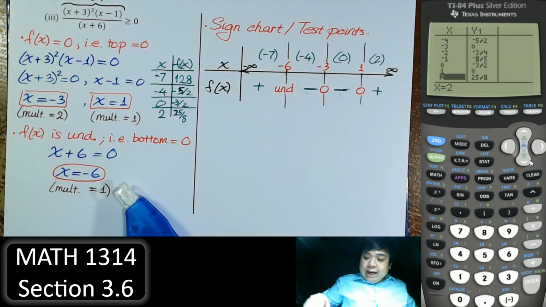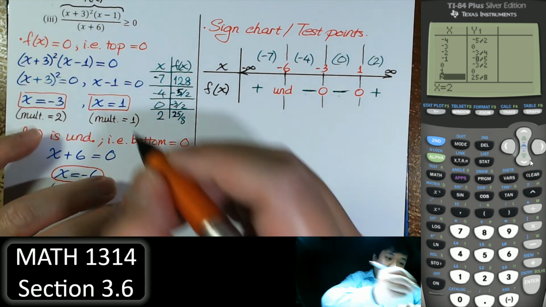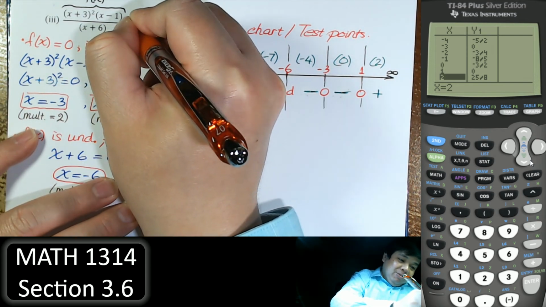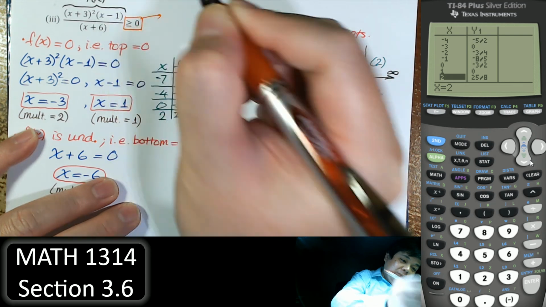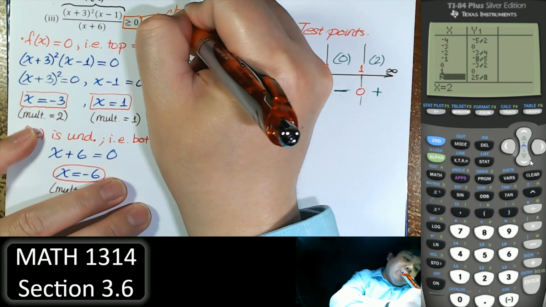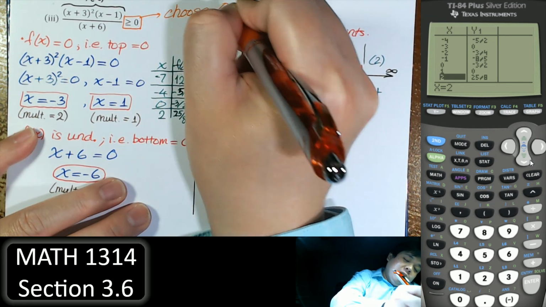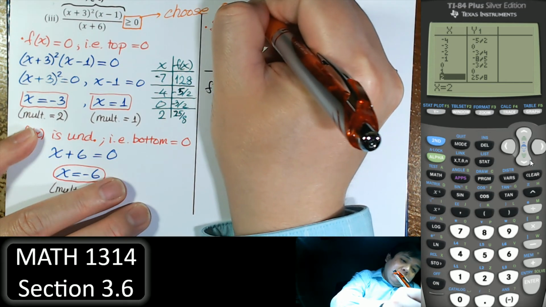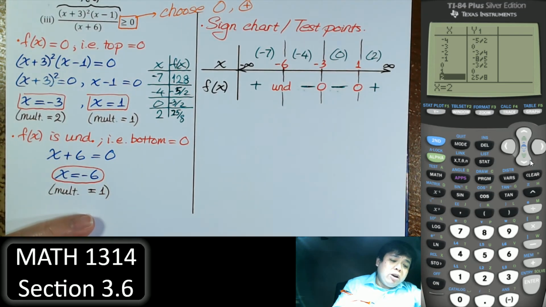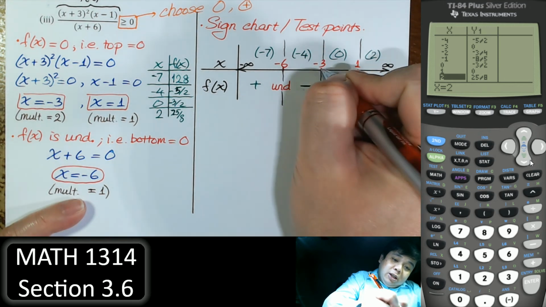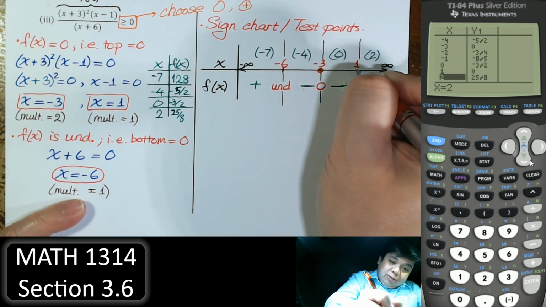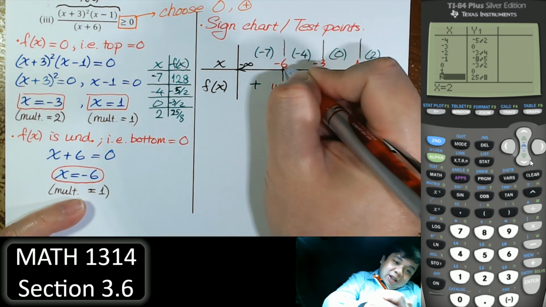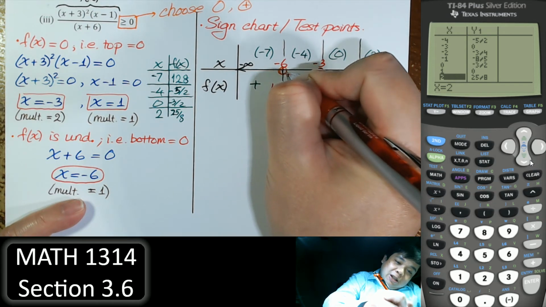Right, now what do we choose? Greater than or equal to 0. So we're going to choose 0 and we're going to choose positive. When we choose 0, we can only choose 0, never choose undefined.